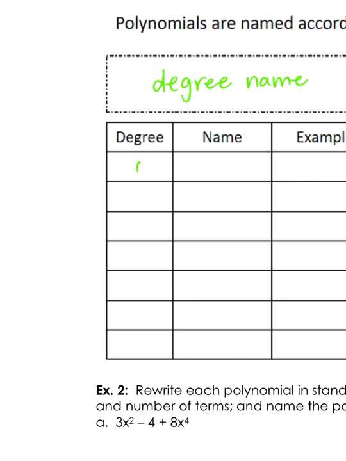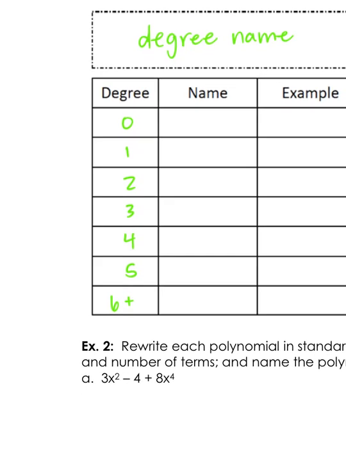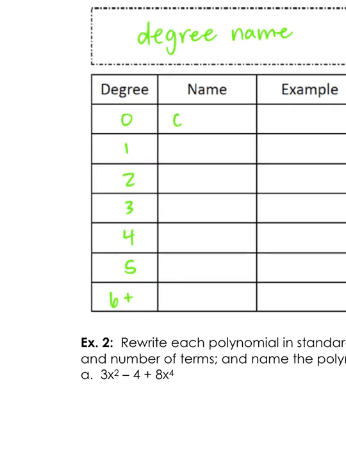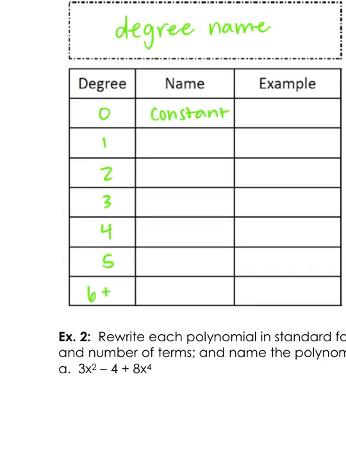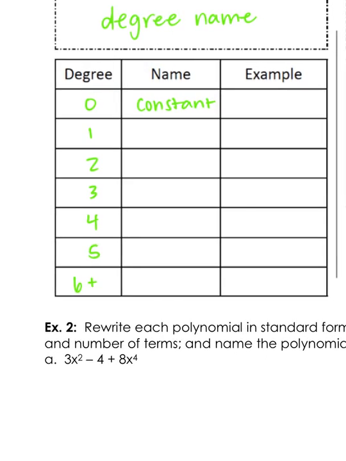So if the degree is 0, 1, 2, 3, 4, 5, or 6 plus, anything higher than 6. So if the degree is 0, that's called a constant. And an example of that would be any number. It could be positive, could be negative, but just some number.